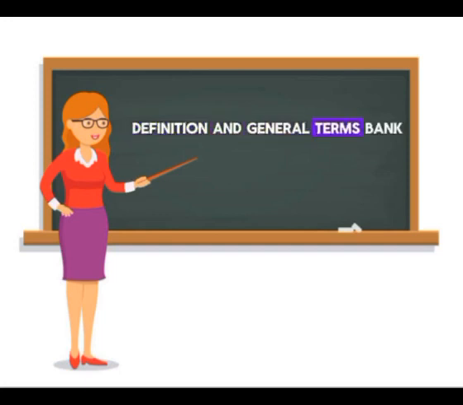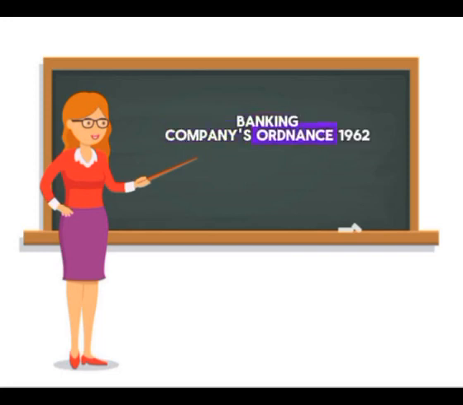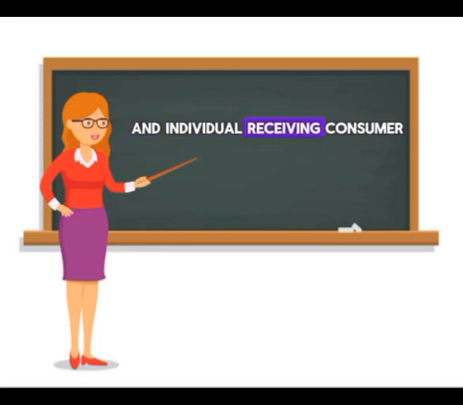Definition and general terms. Bank, a banking company as defined in the Banking Companies Ordinance, 1962. Borrower, an individual receiving consumer financing from a bank/DFI for personal, domestic, or household purposes. Consumer financing, financing provided to individuals for personal use, including credit cards, auto loans, and personal loans.